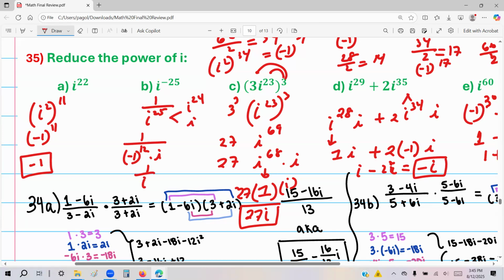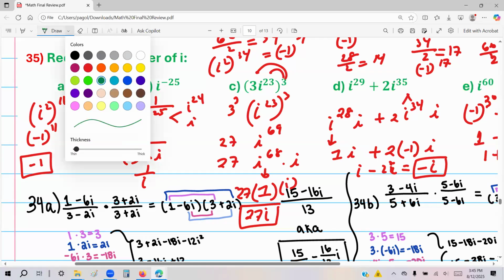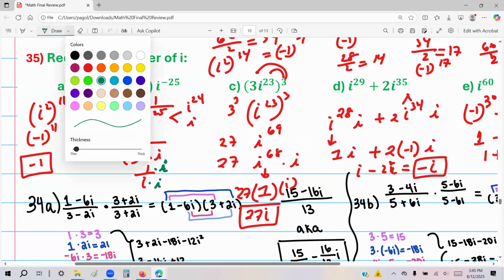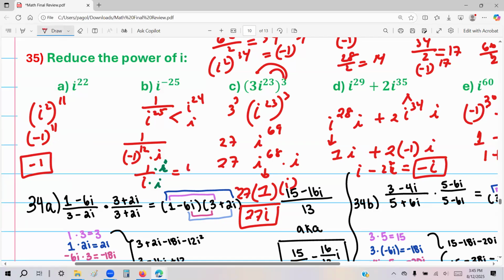So 1 over i, but you cannot have i on the denominator. So you do i times i. So you get i over i squared. In other words, you have negative i. Because i squared is negative.